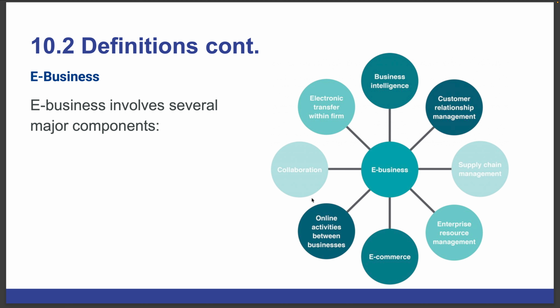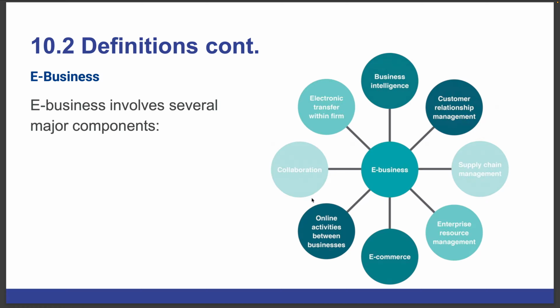Another aspect is the collaboration within the organization among the departments, collaboration with the partners, with the vendors and suppliers and customers. So there is a whole range of possibilities here in how a company conducts its business.